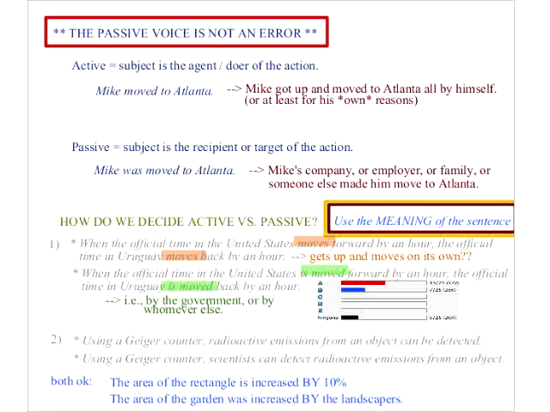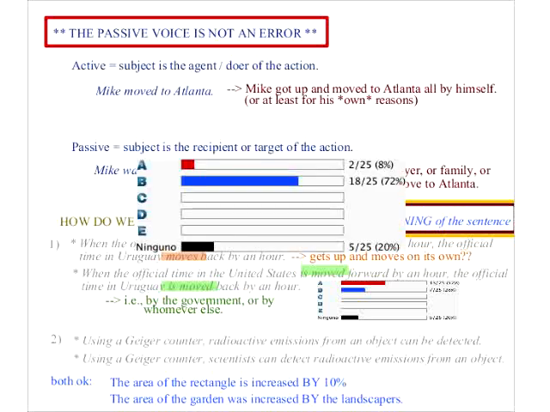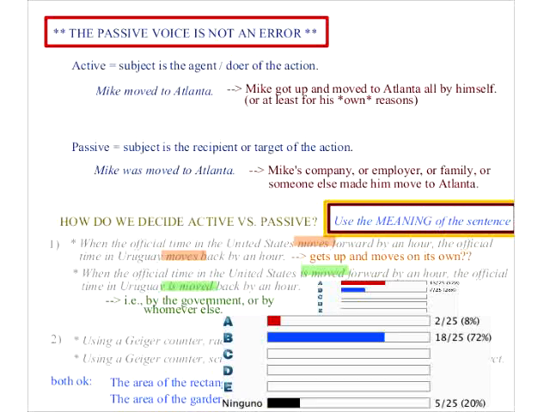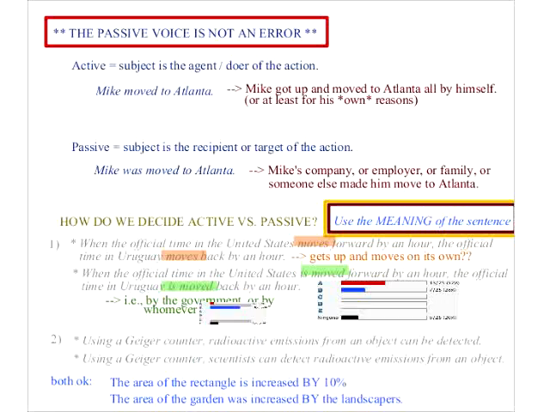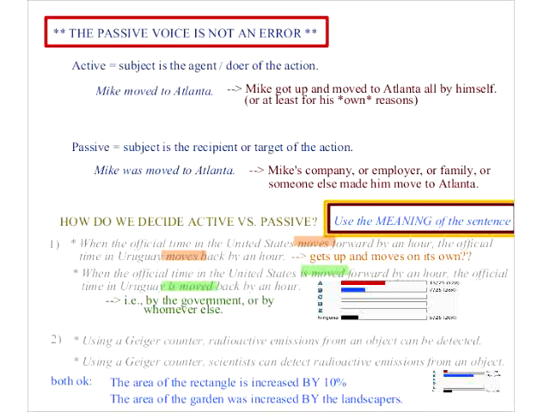Okay. Yeah, very good. The class was mostly excellent on this one. Here are your answers. So mostly B. Let me make that a little bit smaller so it doesn't take up a ton of room. In this case, the passive is not the error, though. This one's a modifier error because we don't know who is using the Geiger counter.